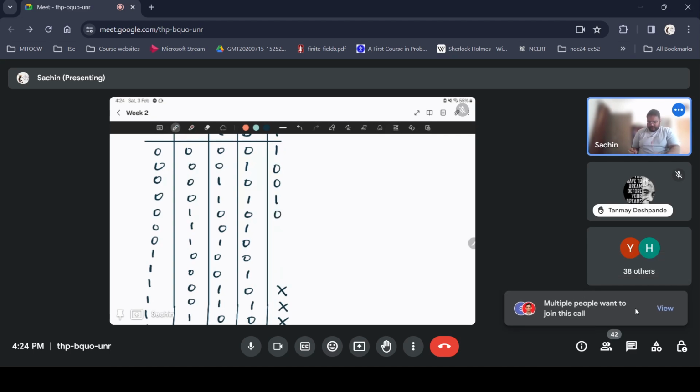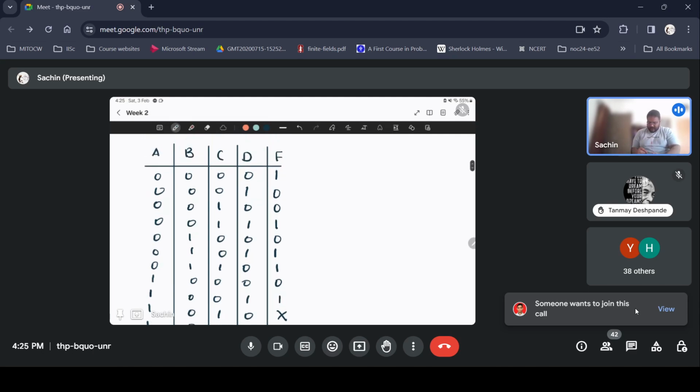Next one is 0, 1, 0, 0, there are 3 zeros, so the output is 0. 0, 1, 0, 1 has 2 zeros, so the output is 1. 0, 1, 1, 0 also has 2 zeros, so the output is 1. Next combination has 3 zeros, which is odd, so the output is 0. 1, 0, 0, 1 has 2 zeros, which is even, so the output is 1. So that's the truth table.